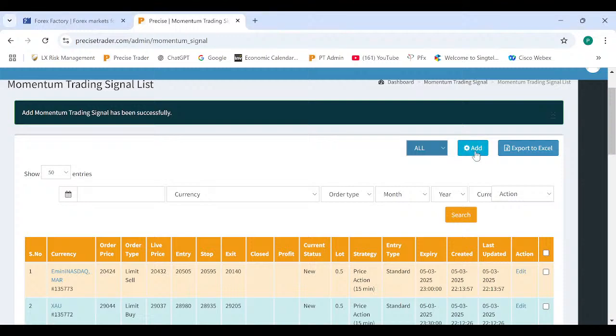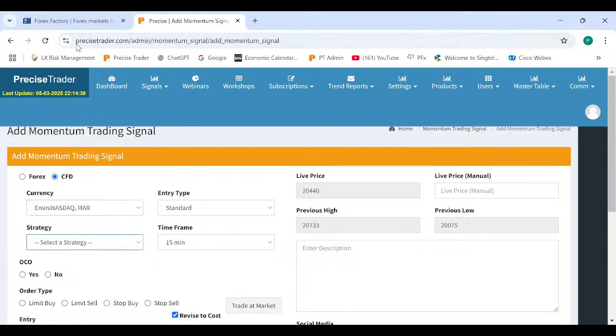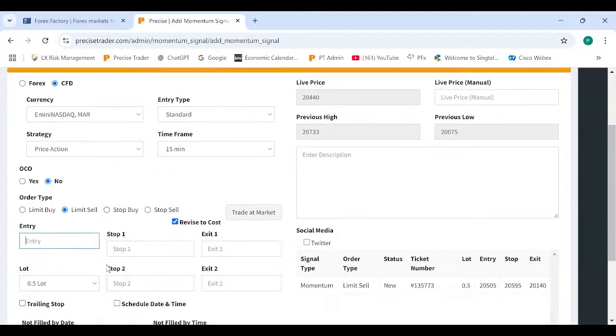The next trade we are going to do is at 20575 or 20580. Yeah, 20580, and for this one we will put a stop at 20655.